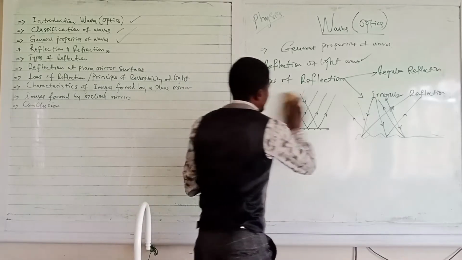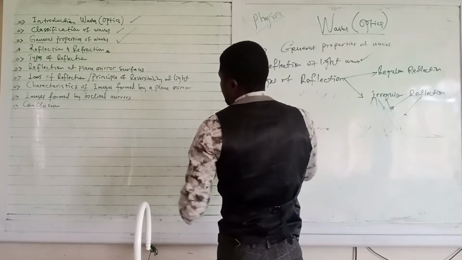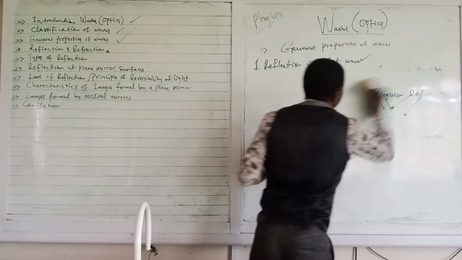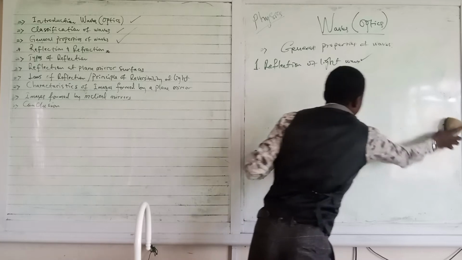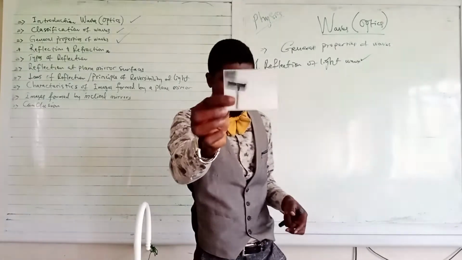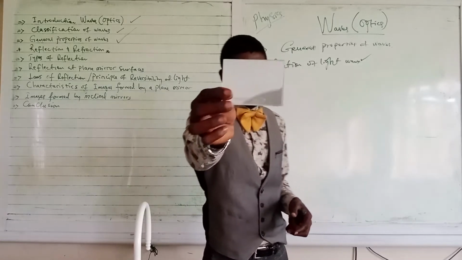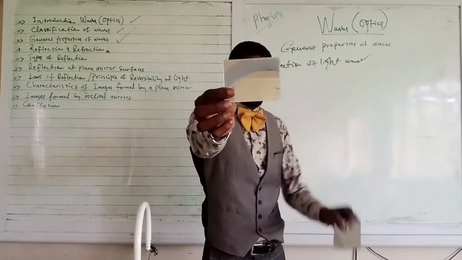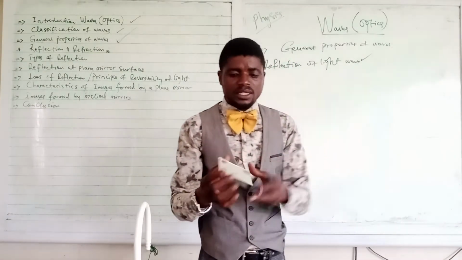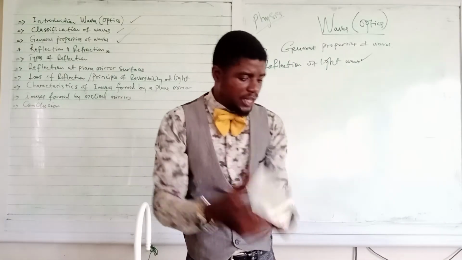The next thing we want to look at is the reflection of light at plane mirror. This is what we call in physics a plane mirror. If you look at this, you will see your face in it. It is coated on one side with silver, and this side is the reflecting side.